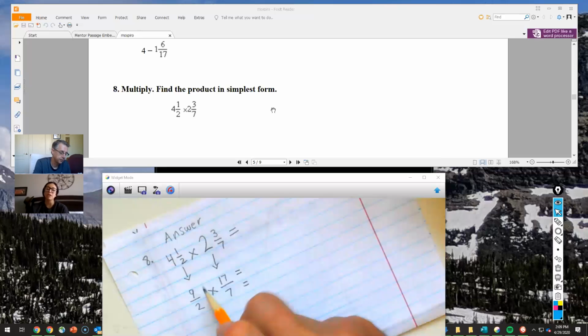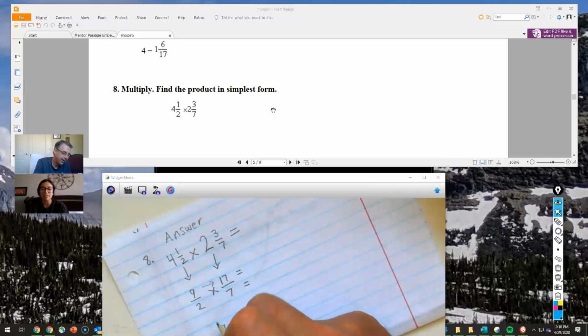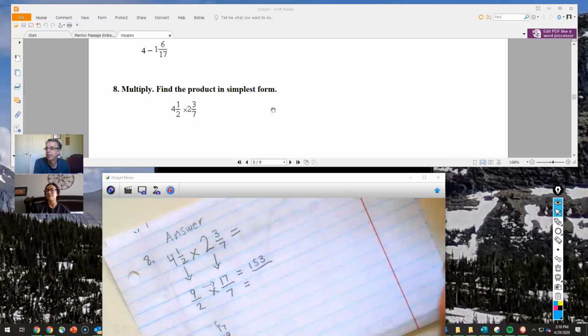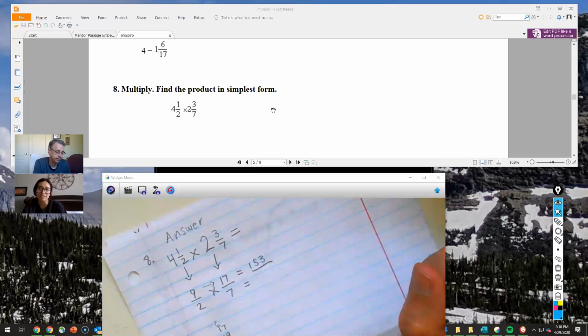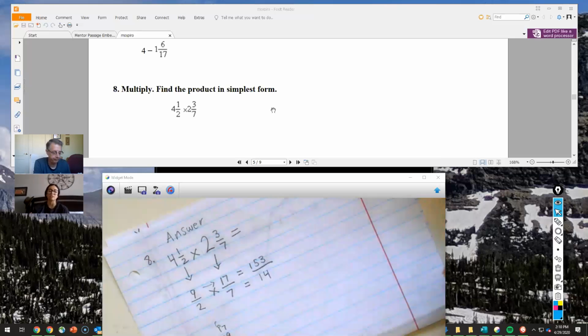So now that we have 2 improper fractions, we can now multiply. We just multiply across. So 9 times 17 should give you 153, if I calculated everything correctly. No, you're good. I was just making sure that's what you got. Cool. Then 2 times 7 is going to give you 14, because we multiply across as well.